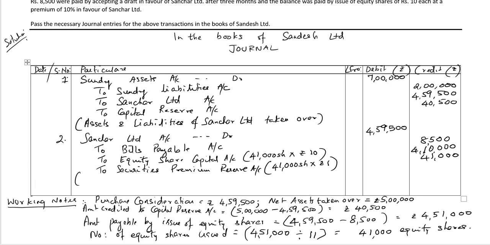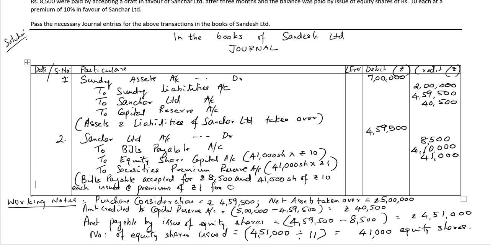Narration: bills payable accepted for rupees 8,500 and 41,000 shares of rupees 10 each issued at a premium of rupee 1 for consideration other than cash.